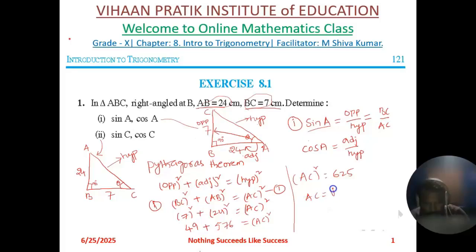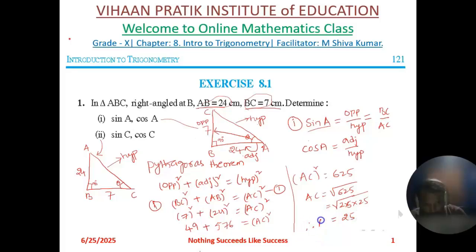AC equals square root of 625, which is 25 into 25, so it equals 25.